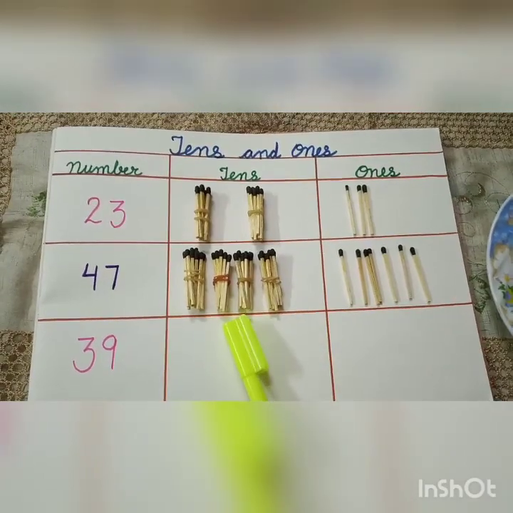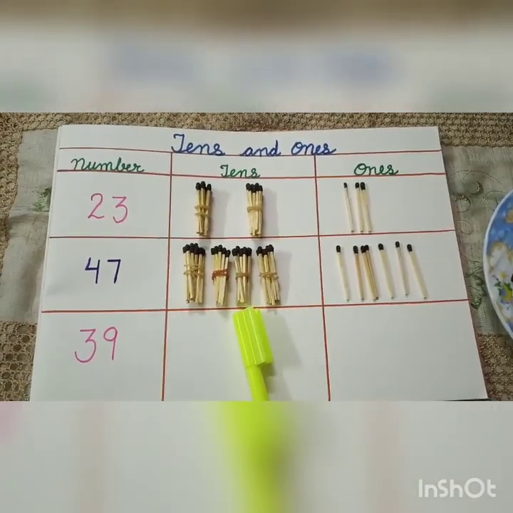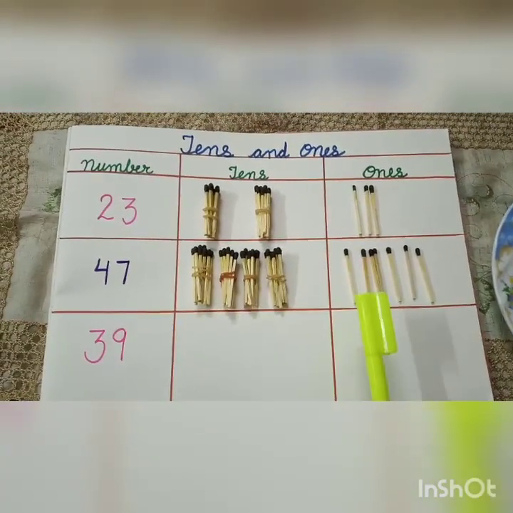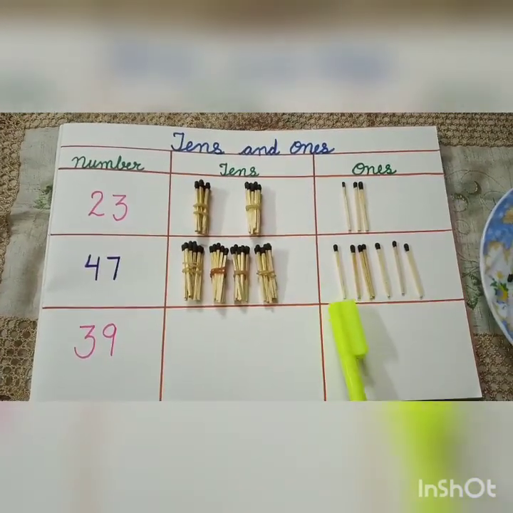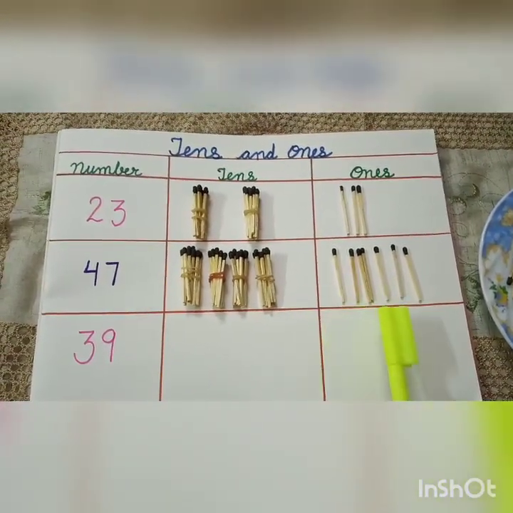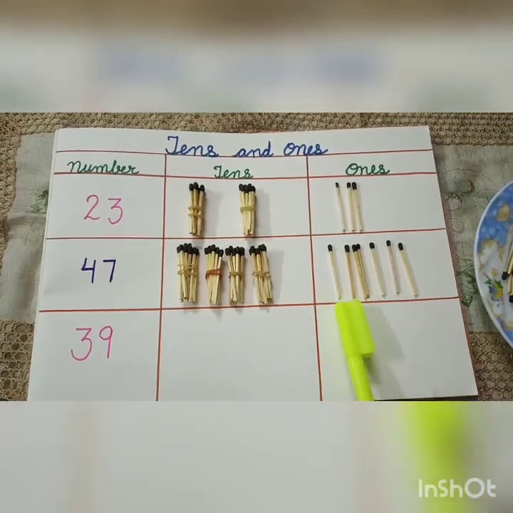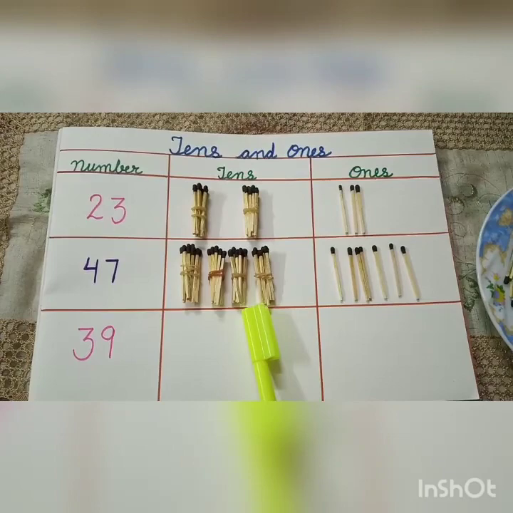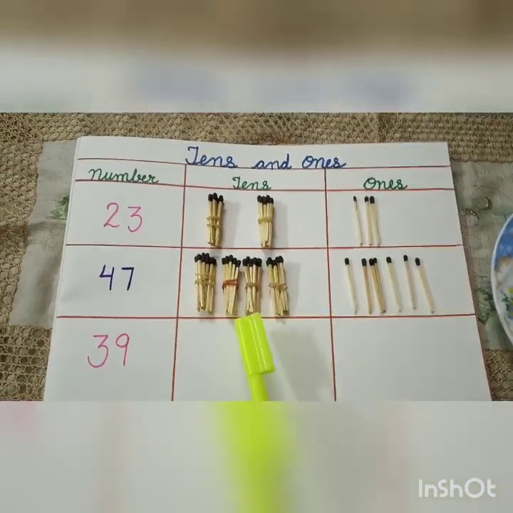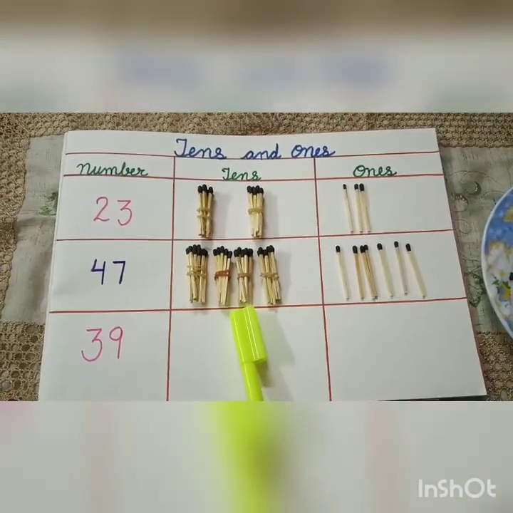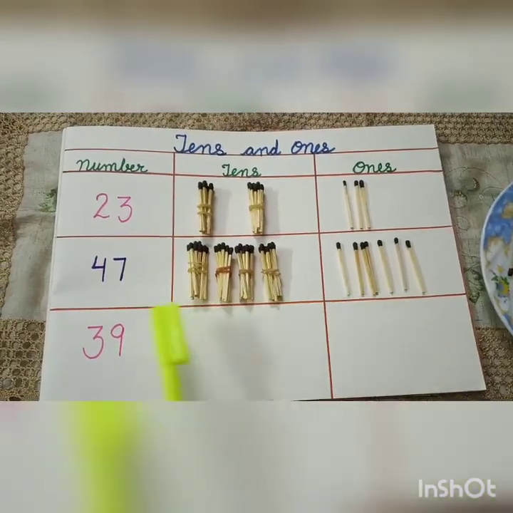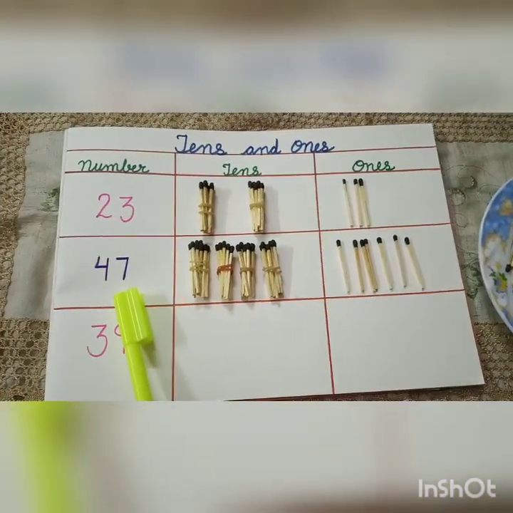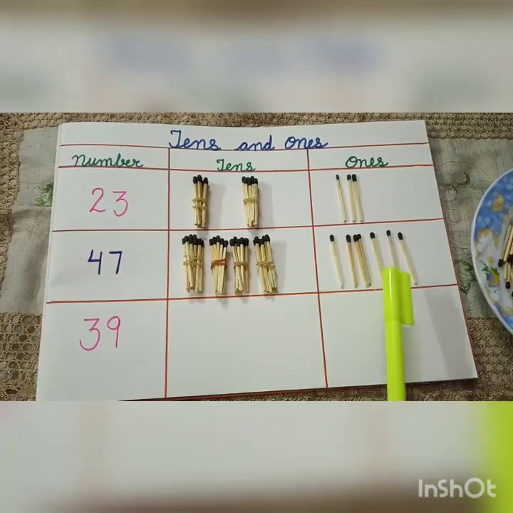These were 4 tens. 4 tens means 40 and these are ones. How many ones are here? 7 ones. So these are 7 matchsticks. This is 4 tens, 7 ones. 4 tens means 40 plus 7 will become 47. These are 47 matchsticks.